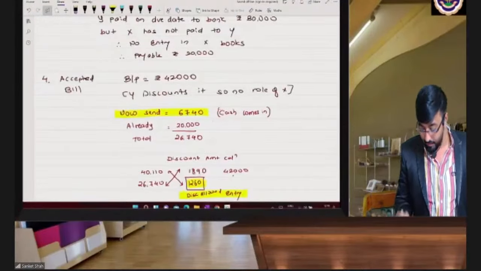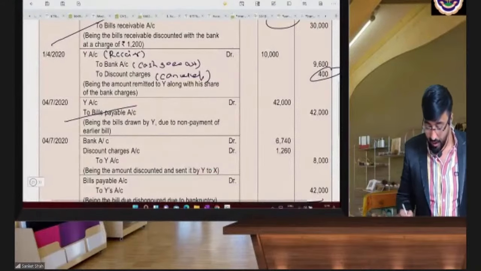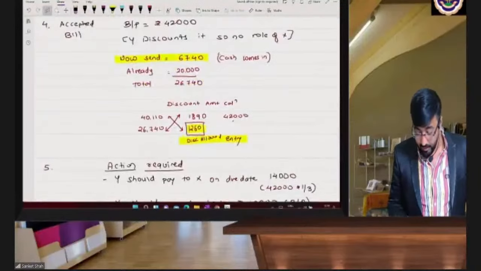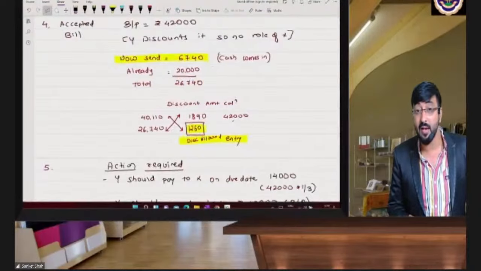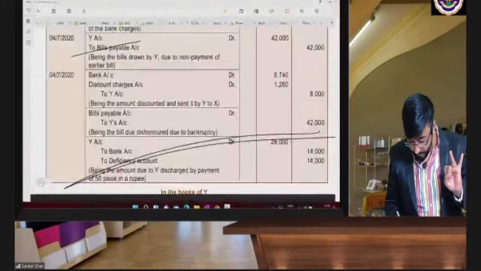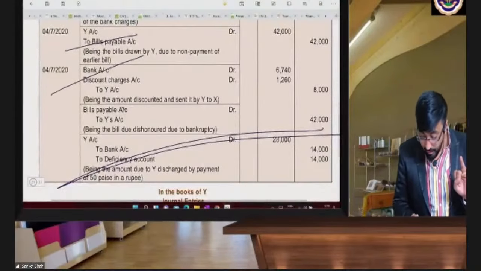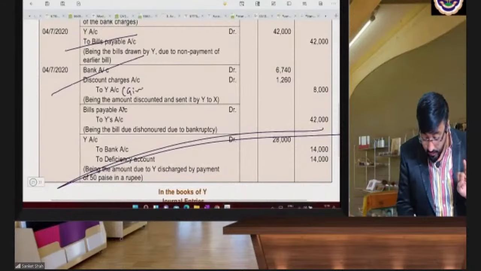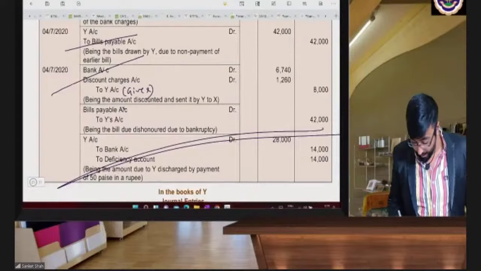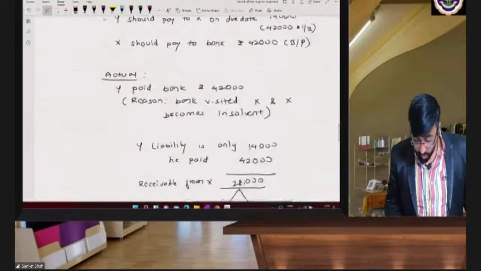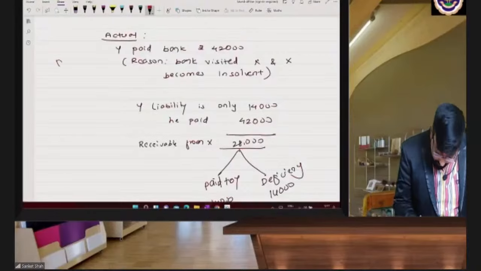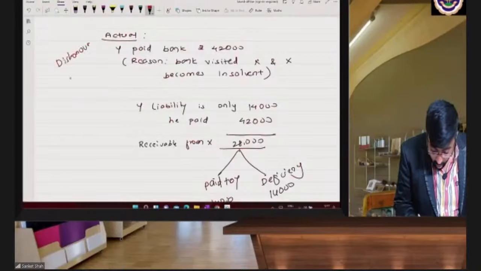Next, the bills payable entry. Y account debit to bills payable. Very good. Now very important, the send and discount entry. So cash comes in and discount allowed to Y. Y is a giver. And on the due date, now here is the entry of dishonor of bills payable.